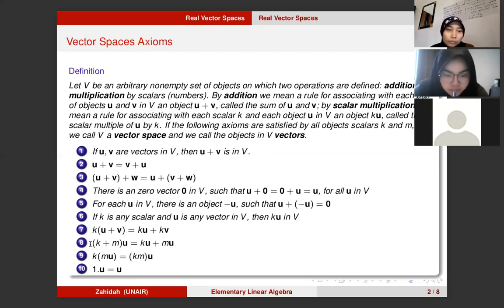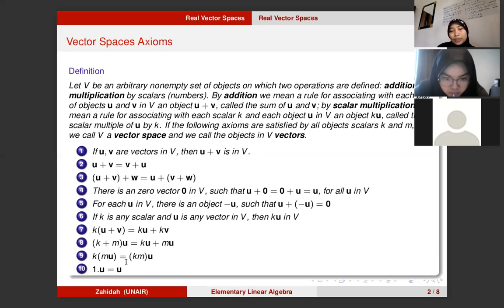And this one, (k plus m) times u equals k times u plus m times u. K and m here are scalars, u is a vector.